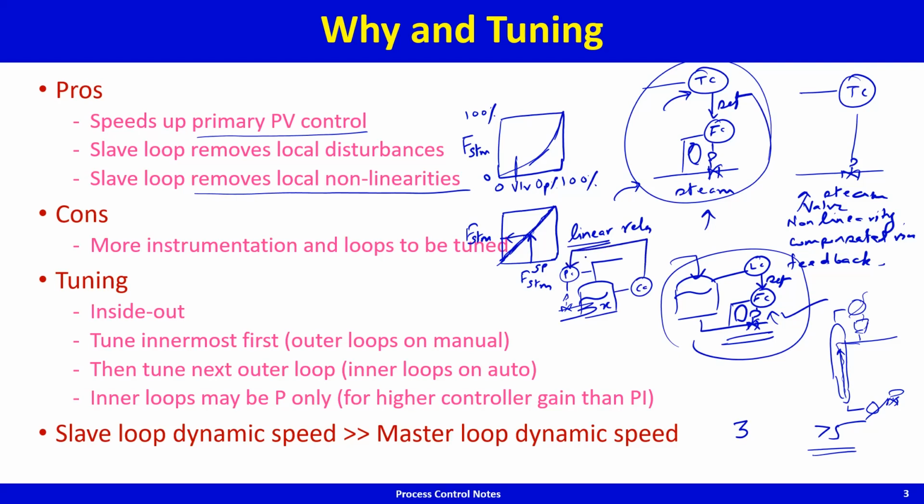By the way, this is impractical, almost never used in practice, but the point is, pressure dynamics are very fast, composition dynamics are very slow. So again, a cascade arrangement will make sense. Slave loops or secondary variables having much faster dynamics than primary variables occurs routinely in the process industry, and therefore the cascade loop is a routine occurrence in the industry.